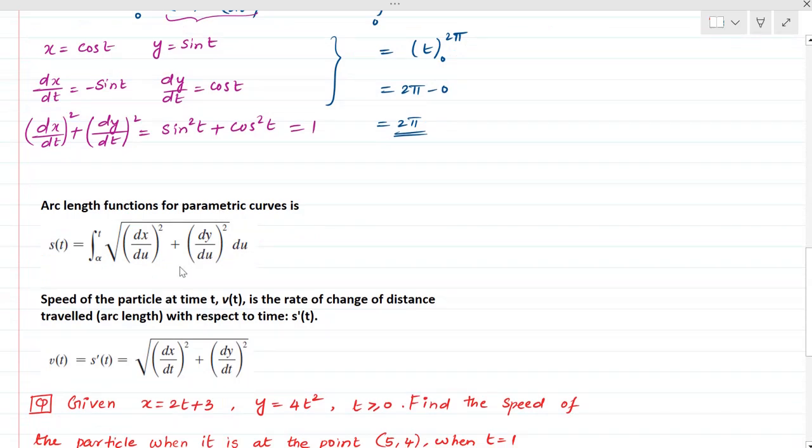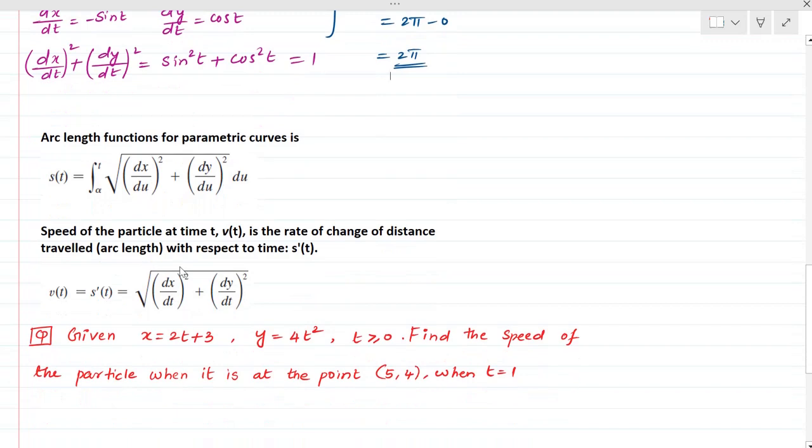When the question is given in terms of speed and rate of change, we will use the speed rule. When you want the arc length function, we have to use this formula: the integral from alpha to t of the square root of dx over du whole square plus dy over du whole square.